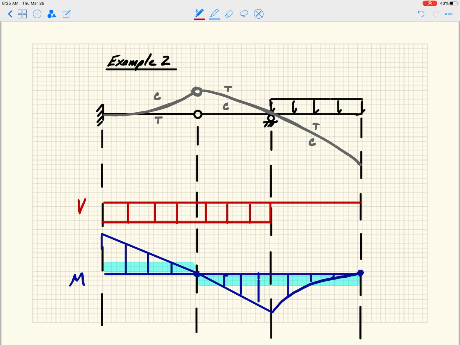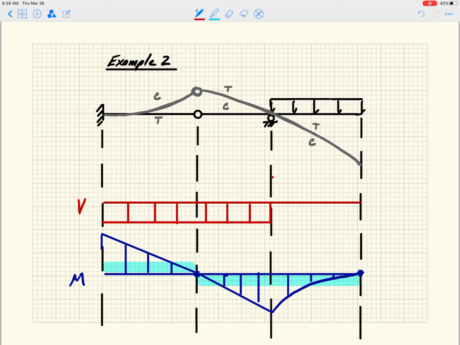And then we come to the roller support, and we have a jump. And if you look at the slope of the moment diagram, it's positive, meaning going from lower left to upper right, and then it goes down to 0.